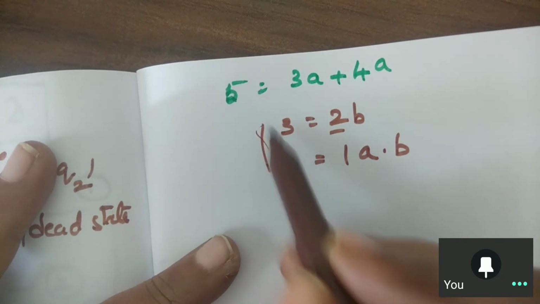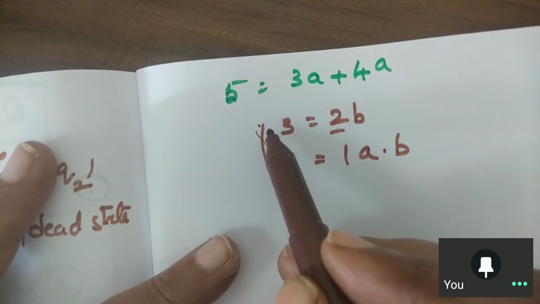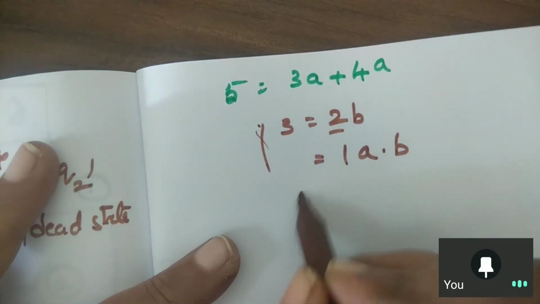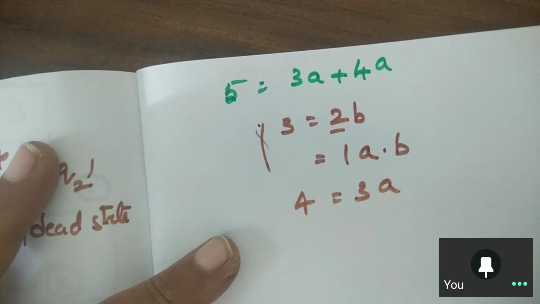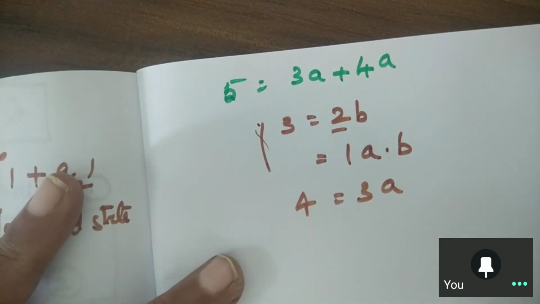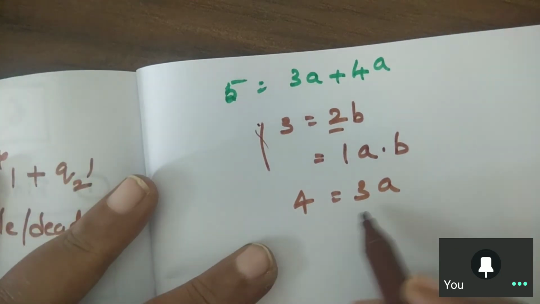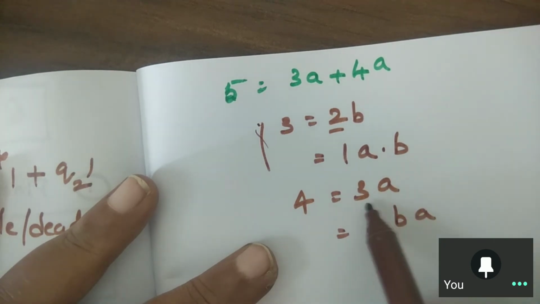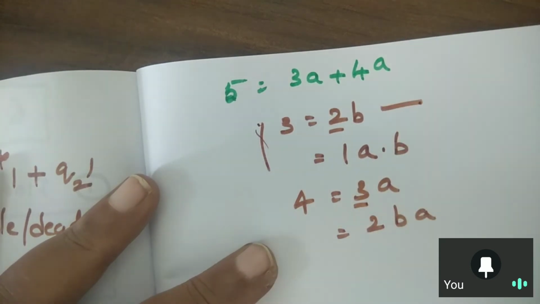Okay, so let us use this. Value of 4 is also 3a. So can I substitute in this? Let me see. 2ba. So just value of 3 I am substituting using this.